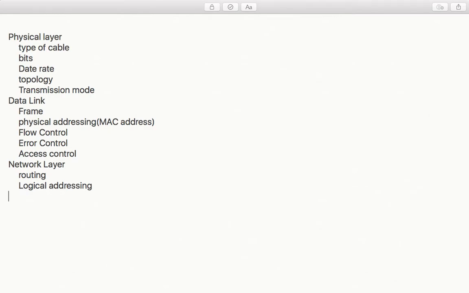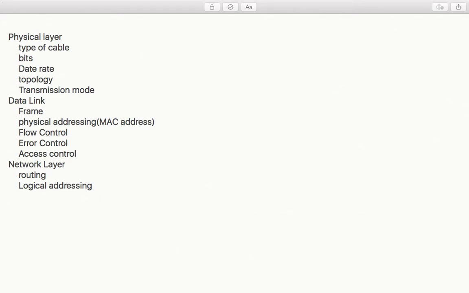Now, routing: we have the data, the physical things are ready, the data link is ready. When it comes to the network layer, it will take care of routing the data from one network to another network. We have many protocols, so which protocol needs to be implemented and which is the shortest path to reach the destination will all be taken care of by your network layer.